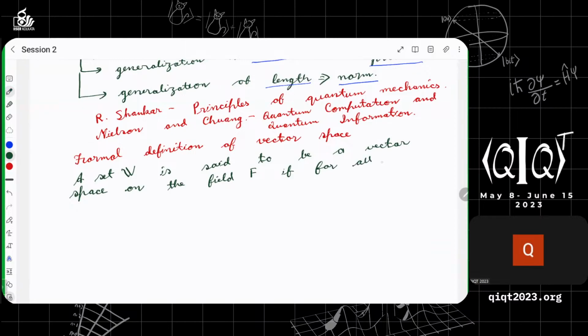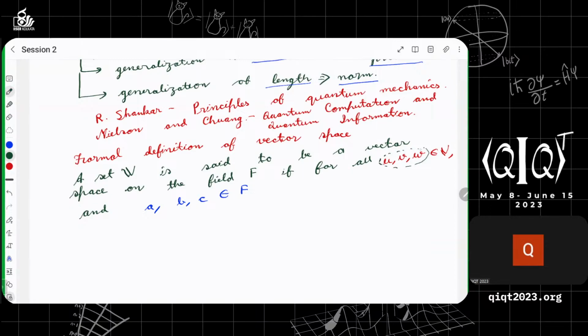So if for all elements, let's use a different color, u, v, w belonging to V, and a, b, c belonging to F. The elements of V, which will form the vector space, are said to be vectors. And the elements of the field are what we will call scalars.